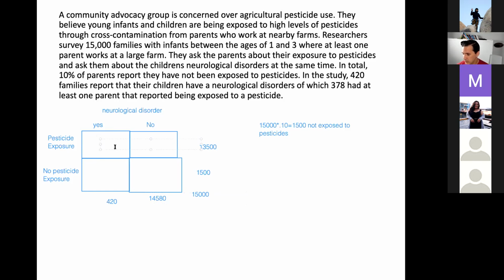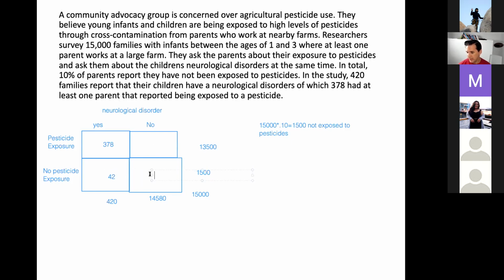A. So of the children with a neurological disorder, 378 of their parents had pesticide exposure. So that's the overlap of A. Yes, and pesticide exposure is A. So then to fill in C, 420 minus 378 equals 42.